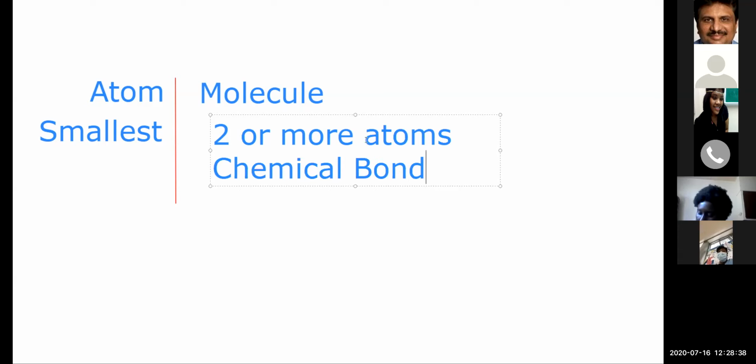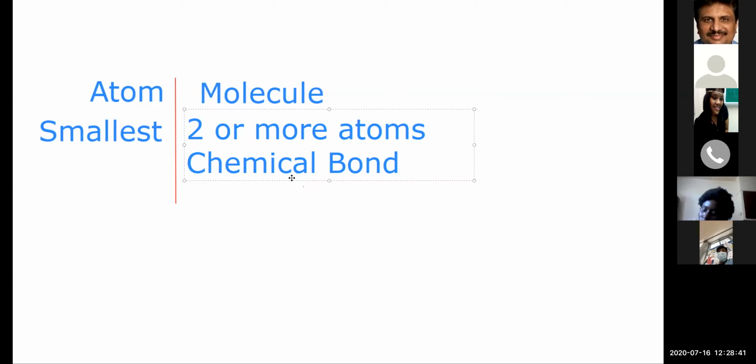When two or more atoms form a chemical bond, then it becomes a molecule.